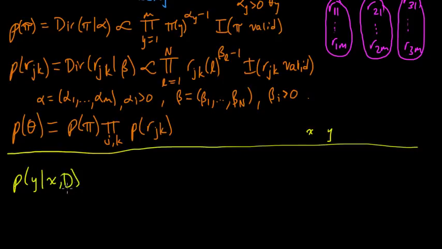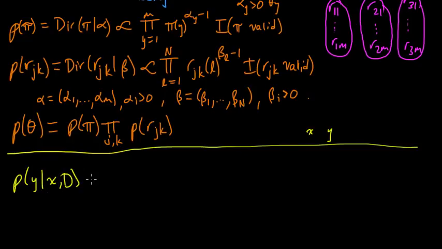And so we want to look at the predictive distribution, the probability of y given x and the data. And now we're just going to use the rules of probability with our model and see if we can get an expression for this. And the fantastic thing is that with this model we will be able to get a closed form expression for this, which is really nice.